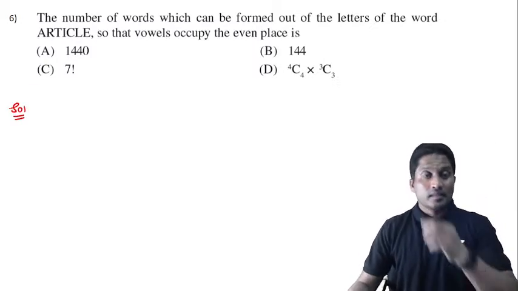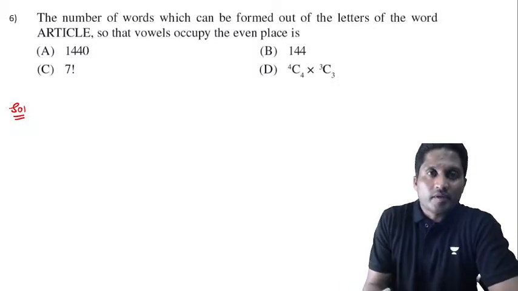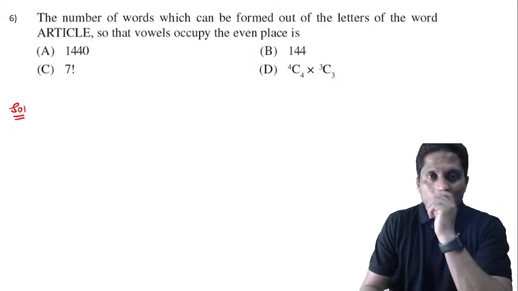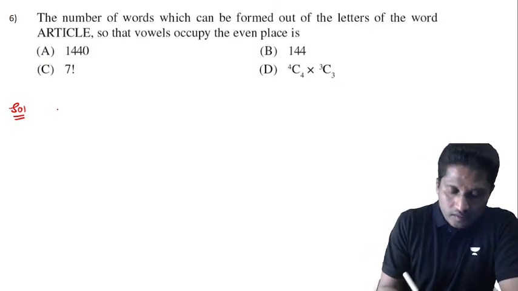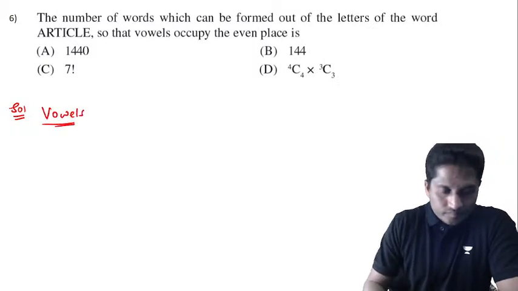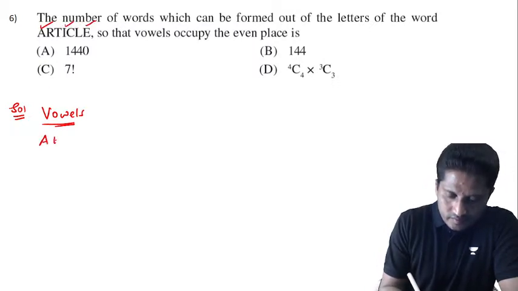Question number 6. Number of words which can be formed out of the letters of the word article so that vowels occupy even places. Suppose vowels will be equal to A, I, E. These are the vowels.